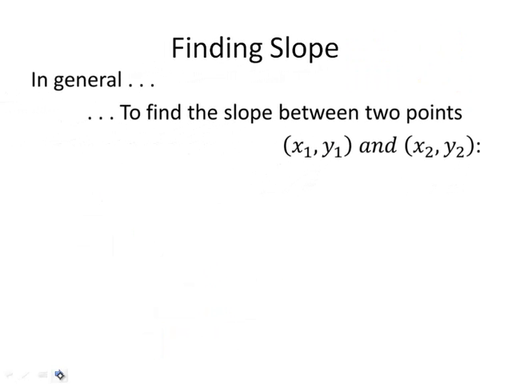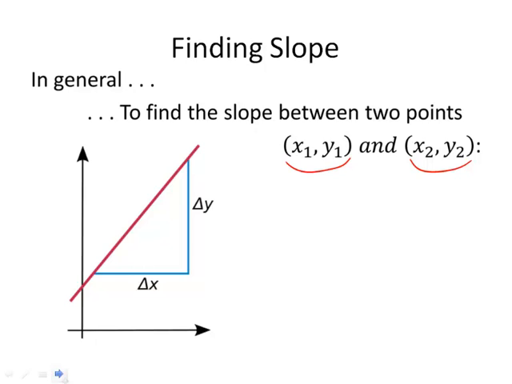In general, when you want to find the slope between 2 points, notice point 1 will be labeled x1, y1 because it's point 1, and point 2 is labeled x2, y2 because it's point 2. Here's a general graph. So your x1, y1, say, is right here, and x2, y2 is right here.